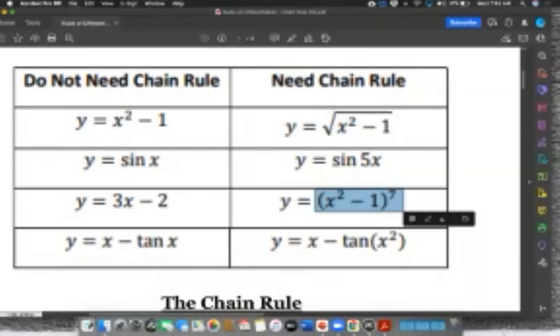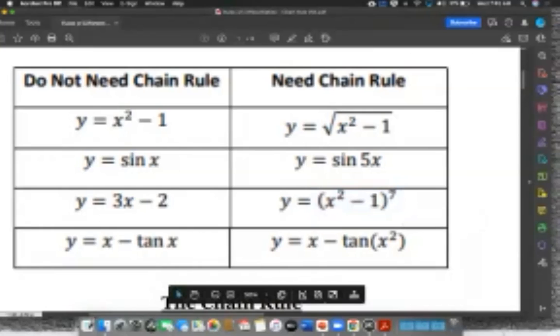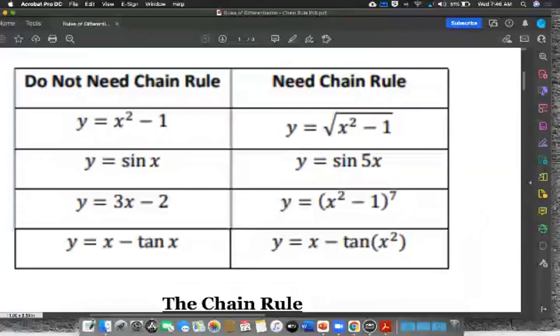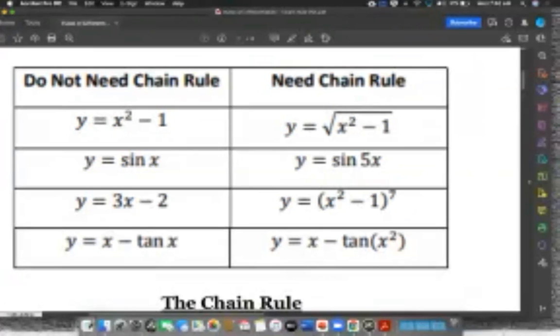So this last one here, first of all, we don't need to use the power rule for x, that's just x. But this guy here, just like sine of 5x, x squared is the inside, tangent of x squared is the outside, okay? The outside's always going to be the whole thing. The inside's going to be the inside, okay?